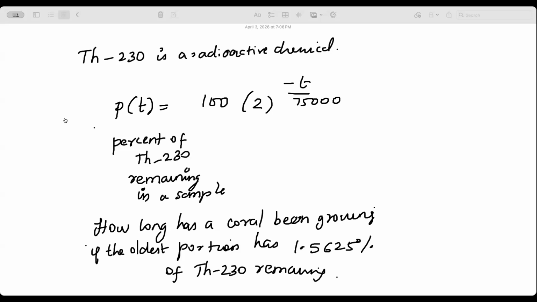Algebra 2 Friday 6 to 7. Correct. Okay. Would you be able to do this? How are you doing it? I want to understand, guys.